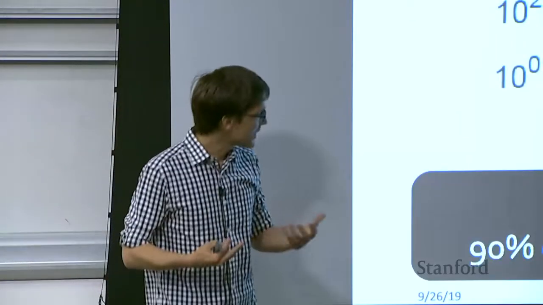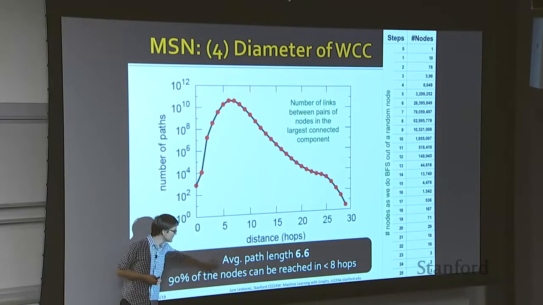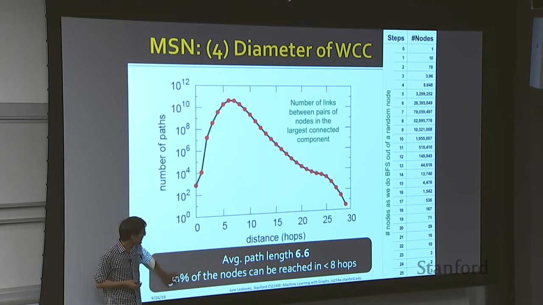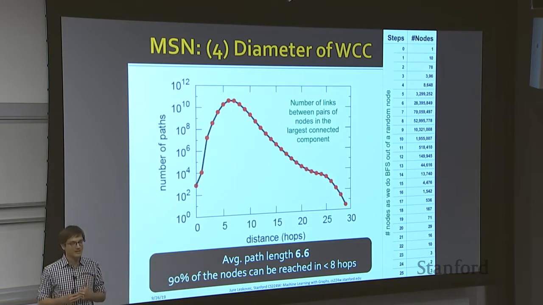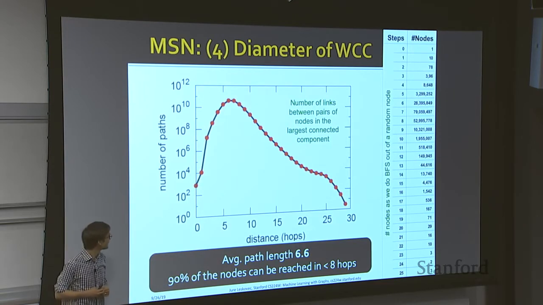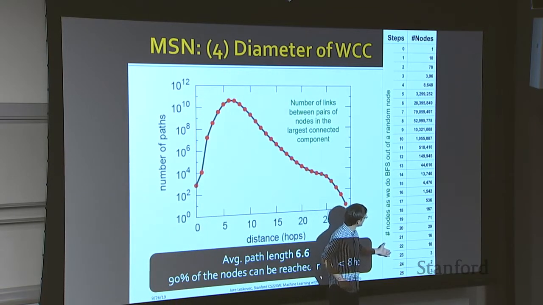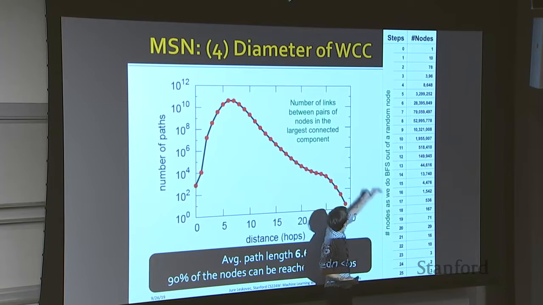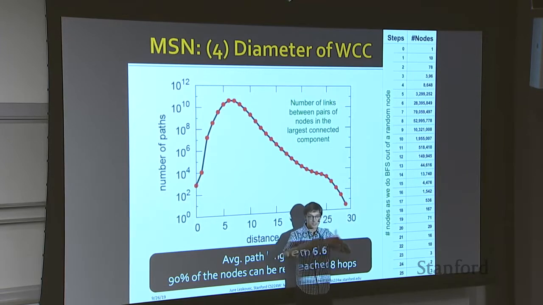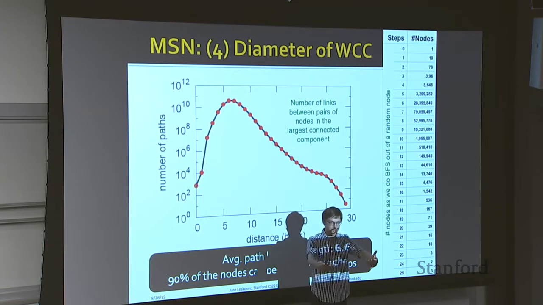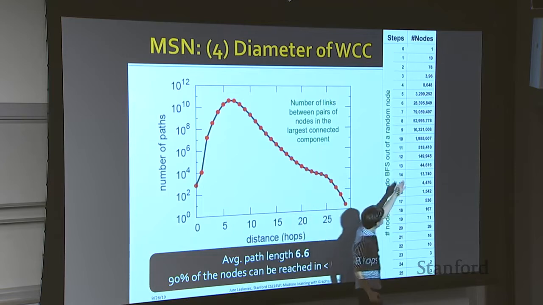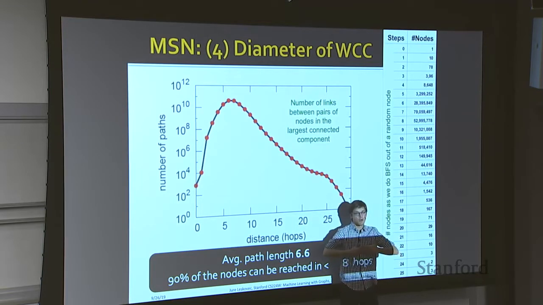And if you ask what's the average shortest path length, it's 6.6. And 90% of all the pairs of nodes can be reached in less than 8 steps, so in 7 or less. And just to show you how this looks, if you take a random node and ask how many neighbors are at step 1, step 2, step 3, this is basically the frontier of the breadth first search.